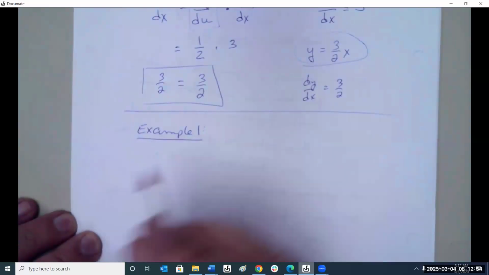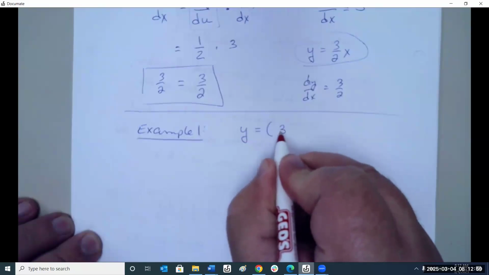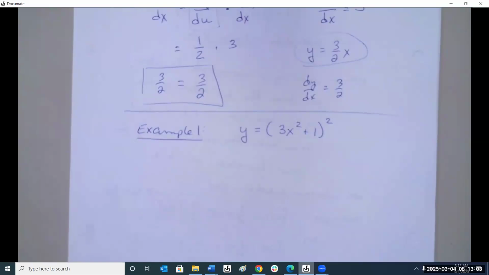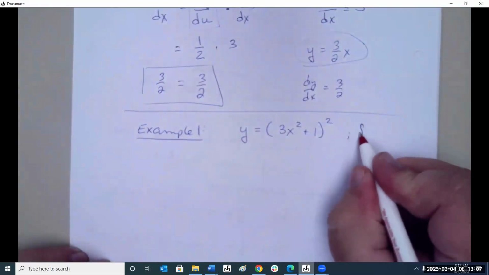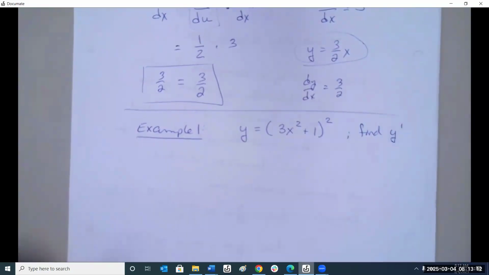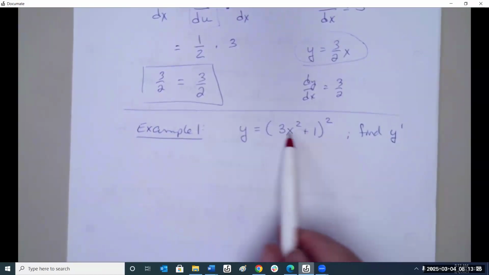Example 1. y is equal to (3x squared plus 1) squared. Find y prime. No, we can't do it the same way we used to.